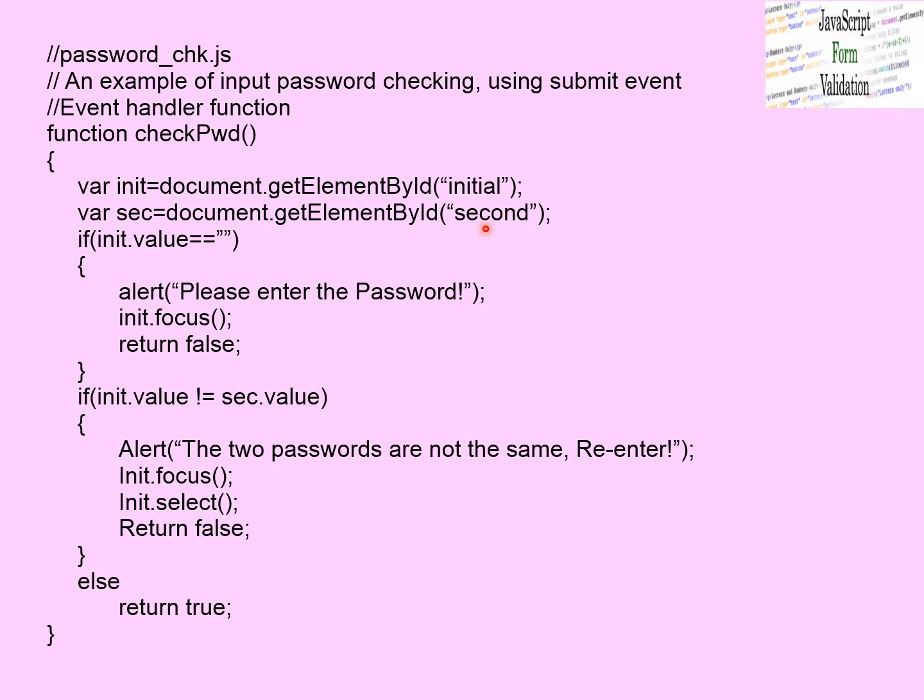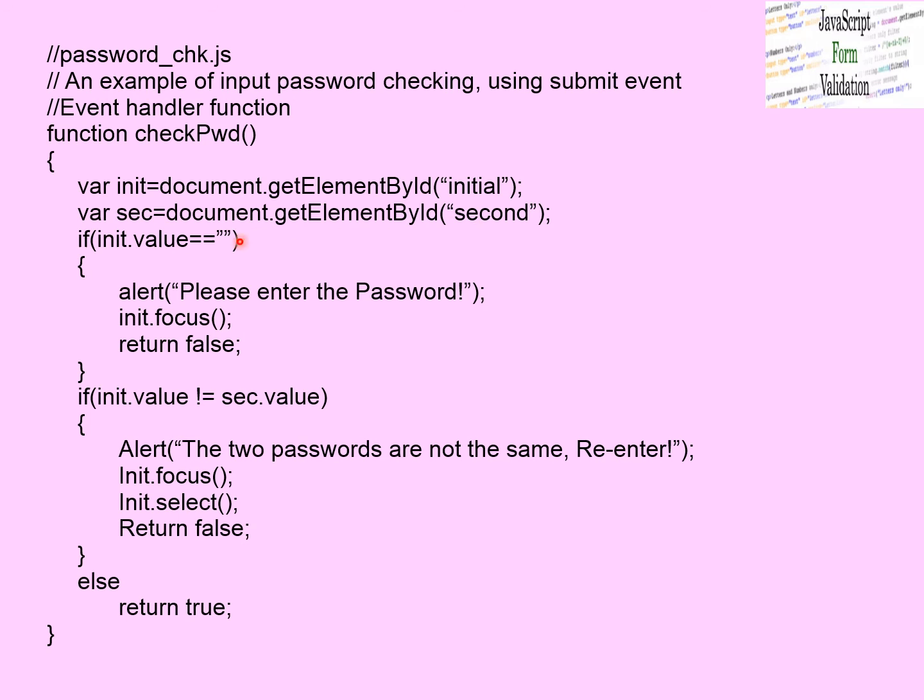The idea is that we have two fields. The first field is used for inputting the password and the second field is used for confirmation of the password. Again we have to re-enter the password for confirmation.